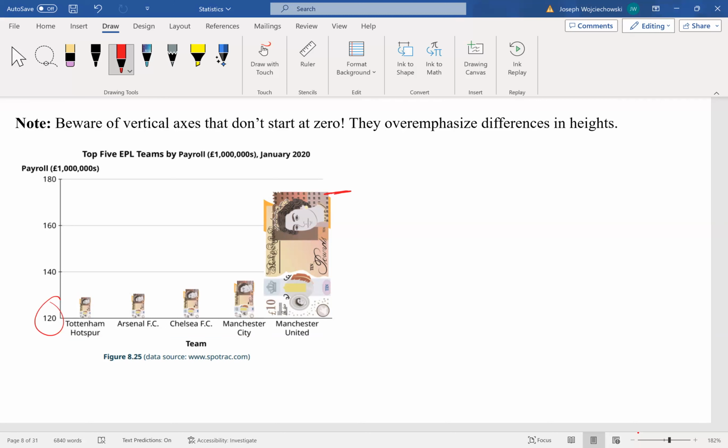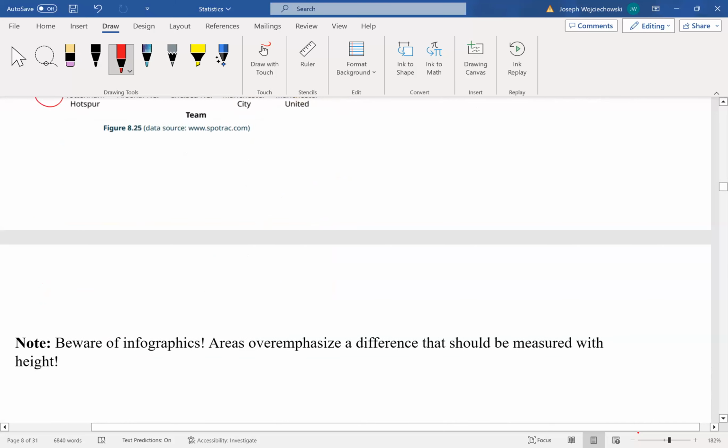But if you look, this one's about 130. This one's about 135. However, if you're looking at the area, it looks to have almost twice as much area. And then we won't even get started with this one. So be careful of these things.